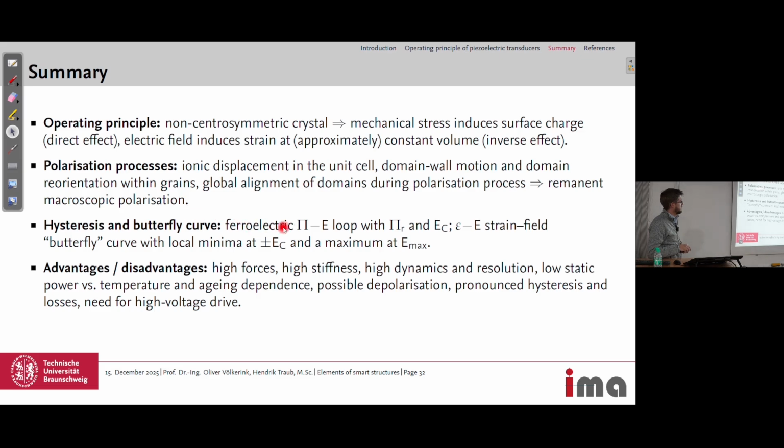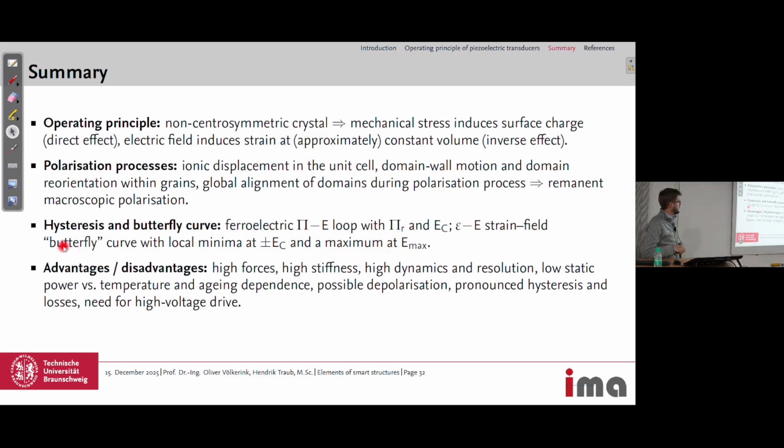So the ferroelectric polarization P over E loop with the remanent polarization and the coercive field strength. And we have the elongation over the electric field, so the strain field butterfly curve. There we have the local minima at the coercive field strength and the maximum at the maximum field strength.